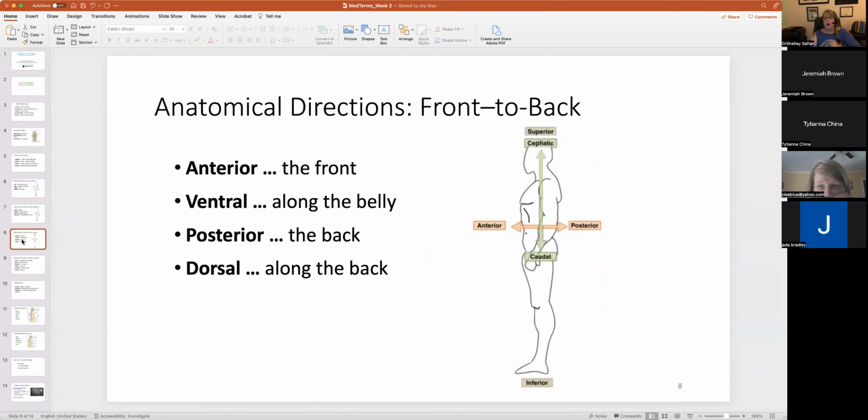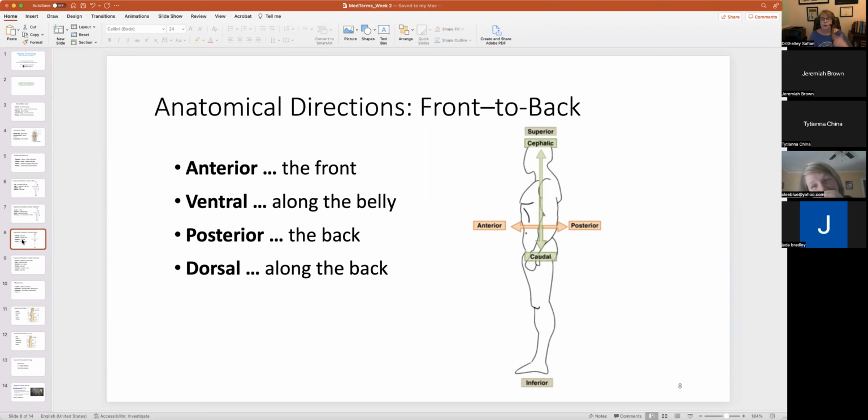Okay, moving on. Front to back. Wow, isn't this amazing? You have one human body, and yet all of these different terms to refer to different aspects of that body. And that's why not everybody can work in healthcare, because it's complex.